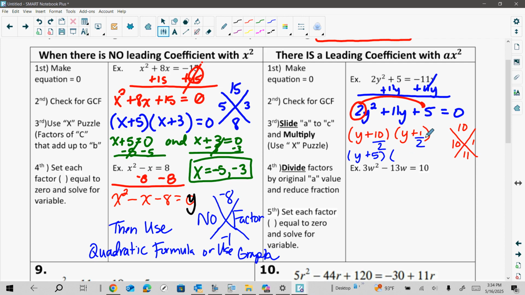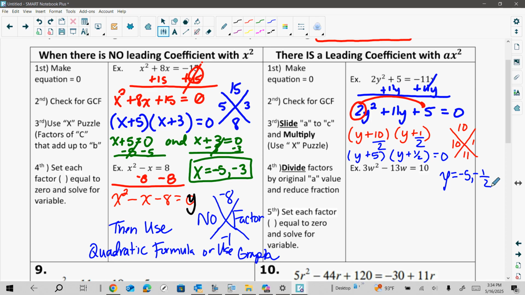Or no, because we're solving, just keep it like that, y plus 1/2. We're going to make that equal to 0, and we're going to solve. Now, the shortcut is whenever we're solving, the answer is always going to be opposite of what we read here. So our y here is a -5 and a -1/2.